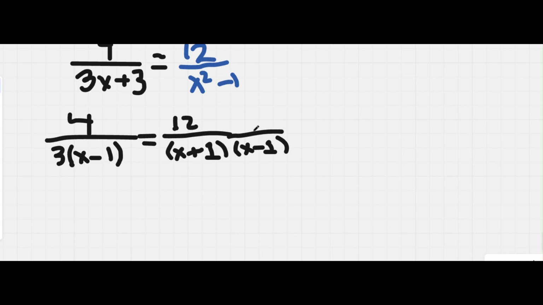Alright. Now let's find our least common denominator here, or our greatest common multiple.